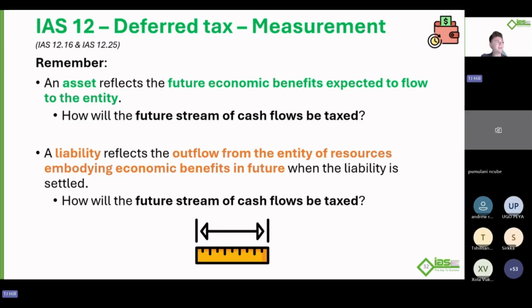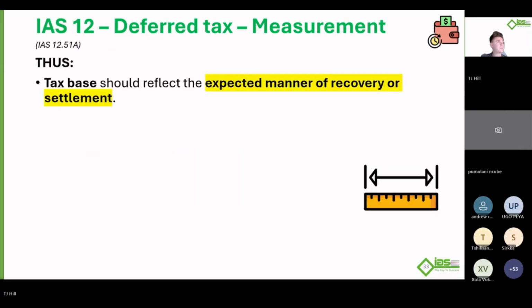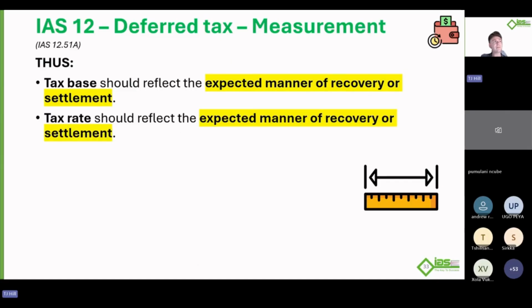And for a liability, again, how are those cash flows going to be taxed? Which means that both your tax base and your tax rate will be influenced by how you expect to get your future cash flows, and how you're going to settle that liability.